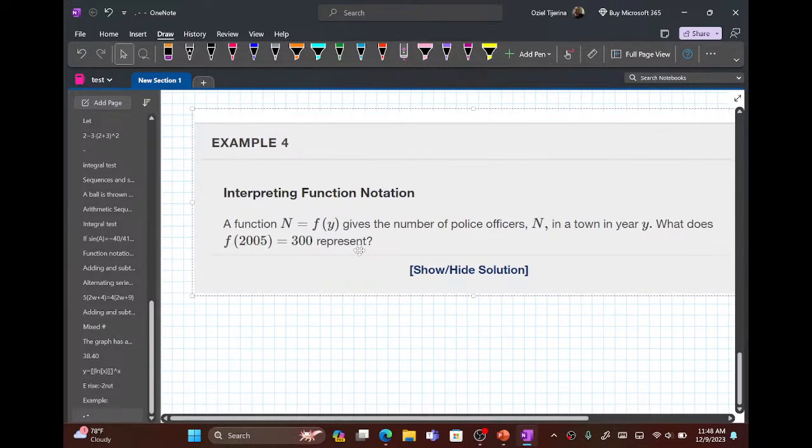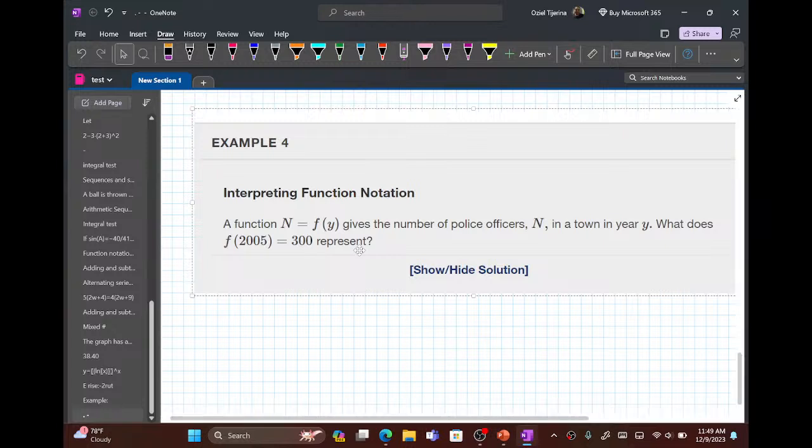Now, I want to go over this example because it's very important. We're going to go ahead and do this example.